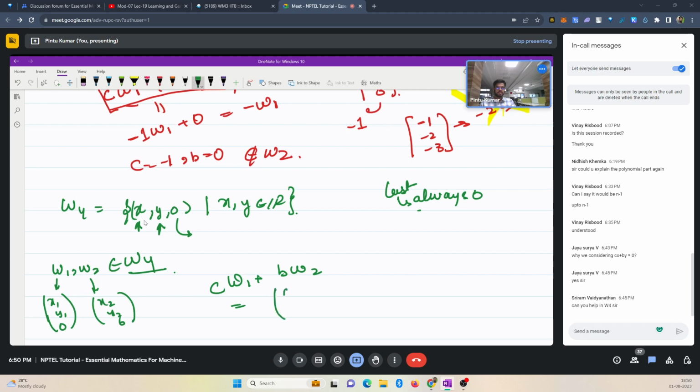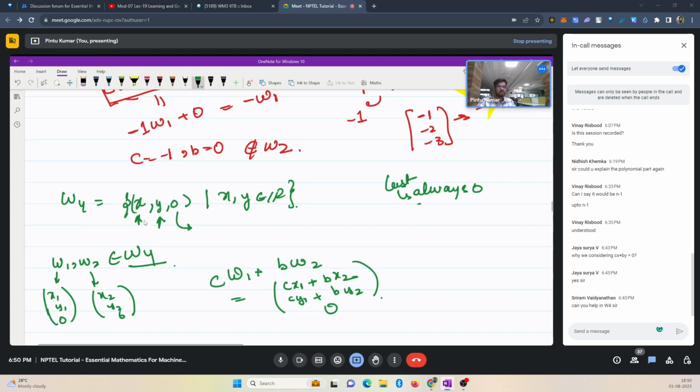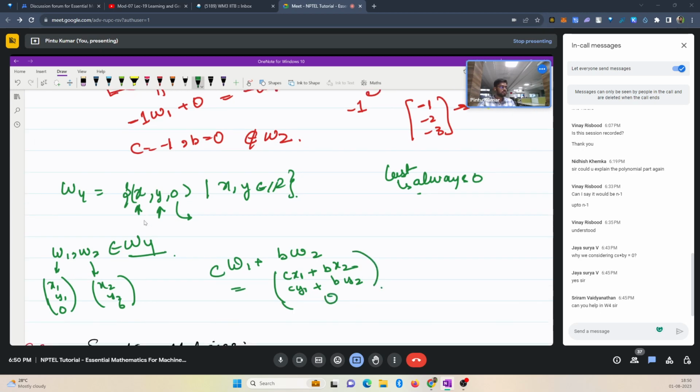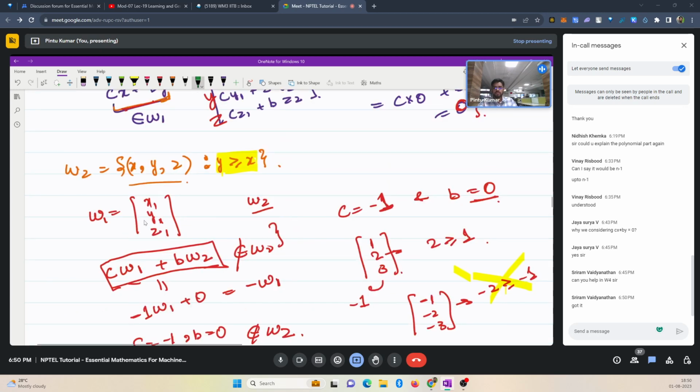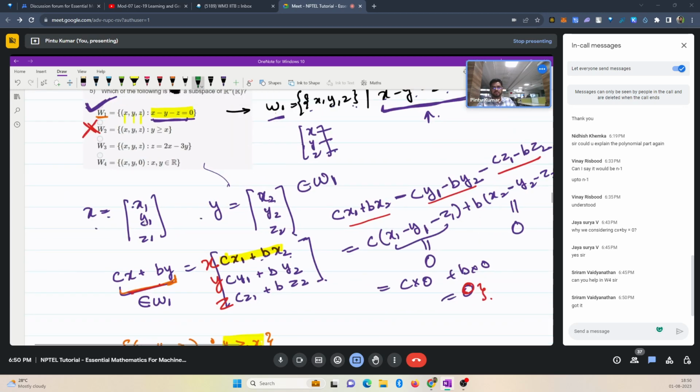This would be c x1 plus b x2, then c y1 plus b y2, and the last position would be 0, right? So what do you think, Sriram, does this satisfy the property of W4 or not? Yes, this W4 is also a vector space, a subspace.